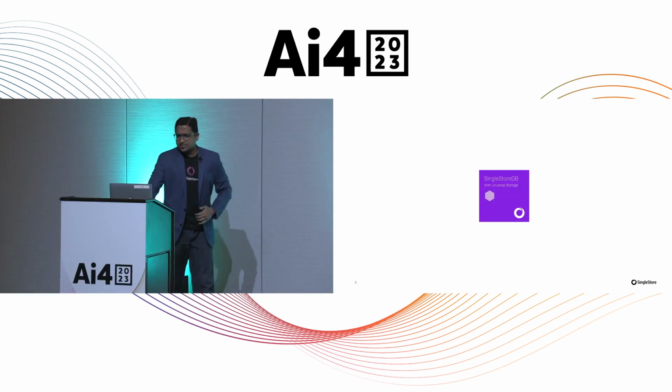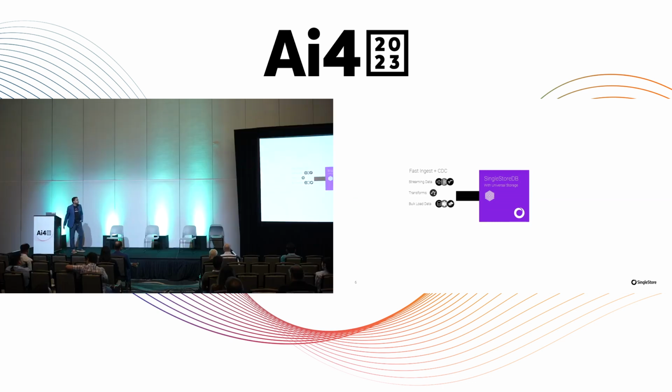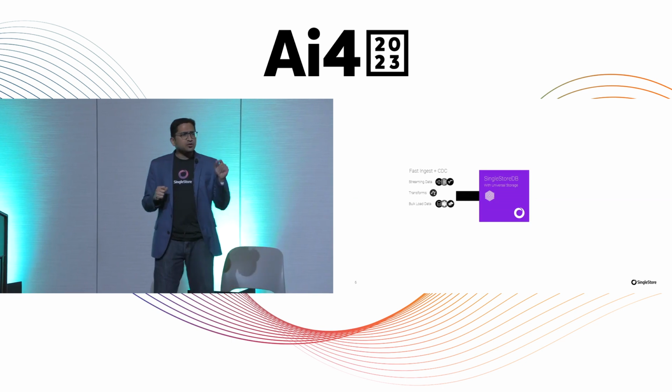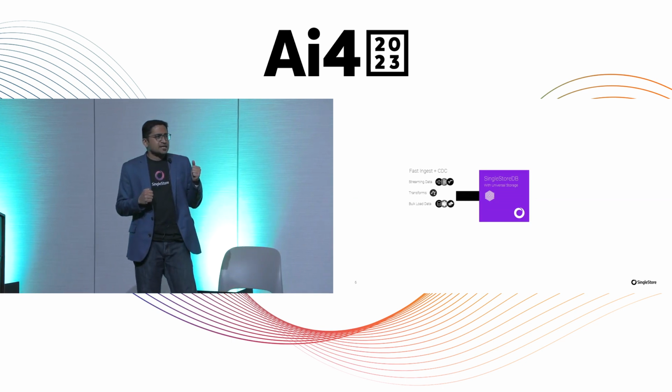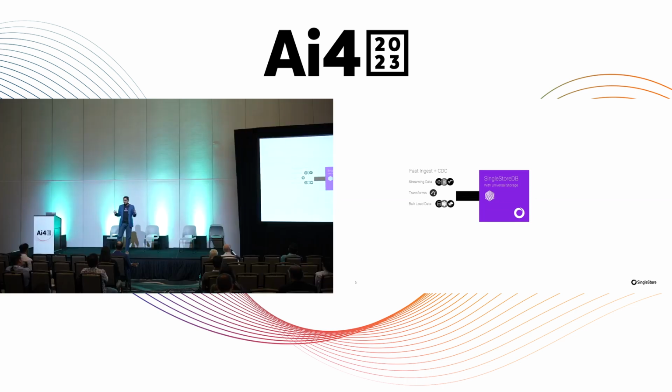So as you can see here, there's a unique feature in SingleStore called pipelines. I don't know why that is blacked out, but think of it as 4 to 5 lines of SQL that you can use to bring in streaming, parallel, high-throughput data ingestion, up to millions of events per second, from distributed data sources such as Kafka, Amazon S3, Azure Blobs, HDFS, MongoDB, you name the source, right?